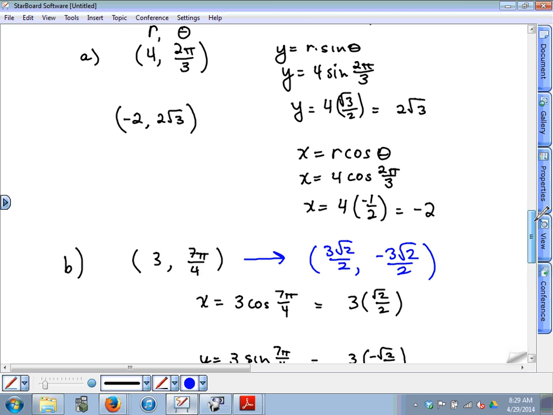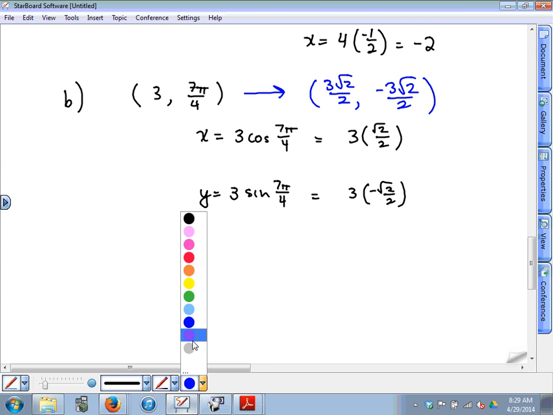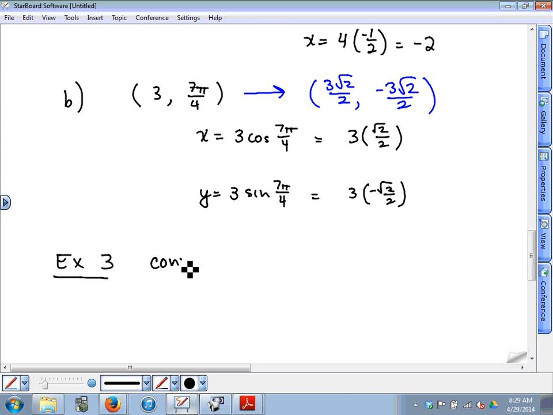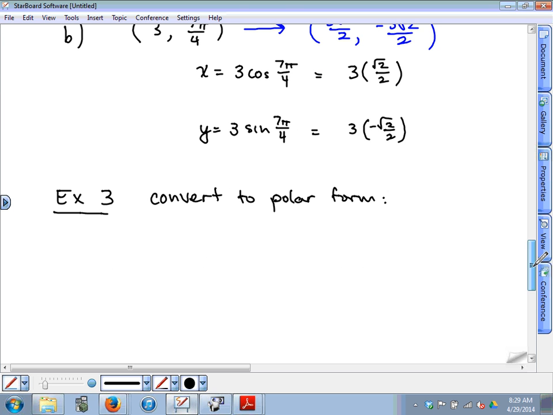Let's go the other direction now. Let's go to example 3. I'll have you guys do this on your own rather than me showing you. I think you guys can figure this out. Now you're going to convert to polar form.